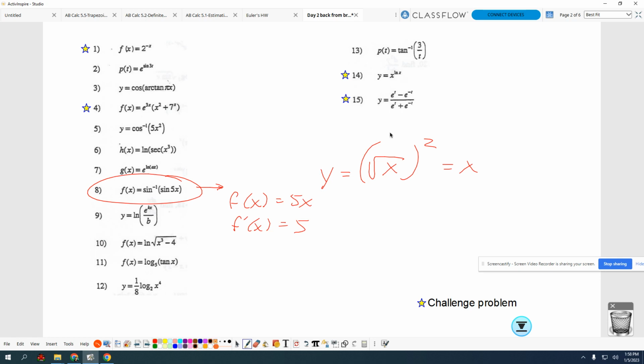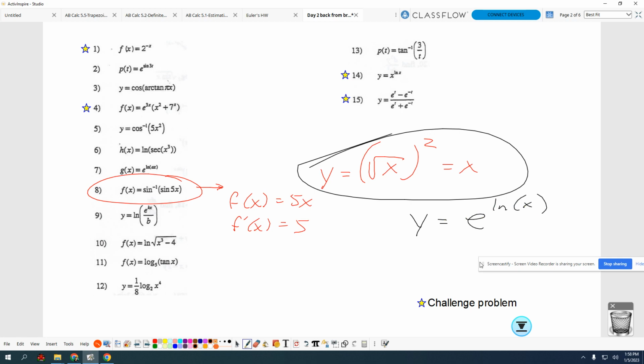The point of showing you this was to say square root and squared are inverses of each other. They're inverse operations. And when we did one earlier that was e to the ln of something, e and ln are inverses of each other. This is really just saying y equals x. This one is just saying y equals x. This one is saying y equals 5x.